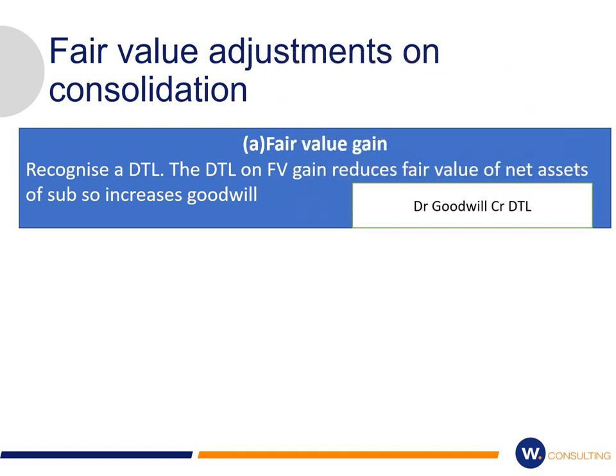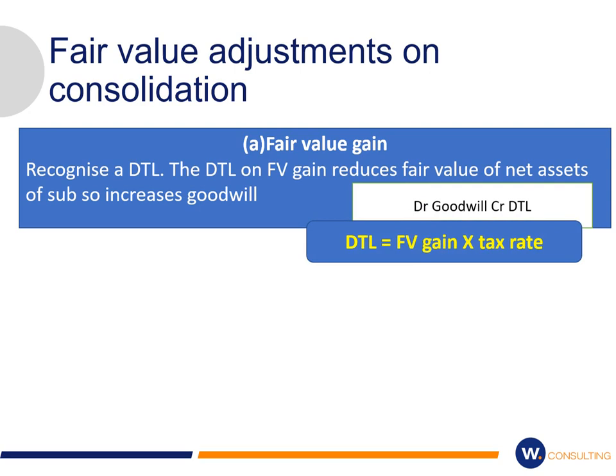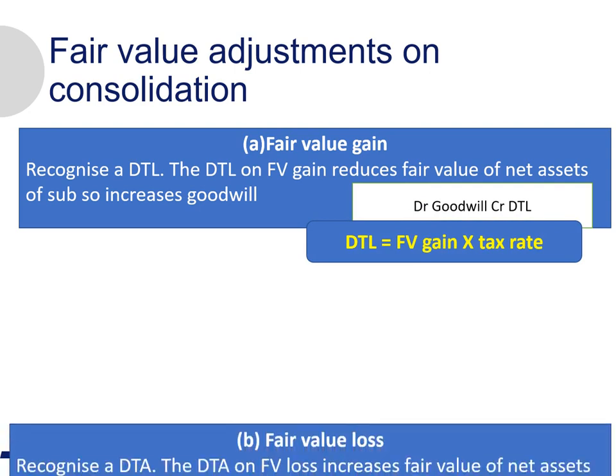Debit goodwill and credit deferred tax liability. This amount increases the amount of goodwill, and that's why we say we cannot apply deferred tax to goodwill, because then we'd be debiting goodwill and crediting a liability, and then goodwill changes and so on and so forth. Deferred tax liability is the fair value gain times the tax rate.